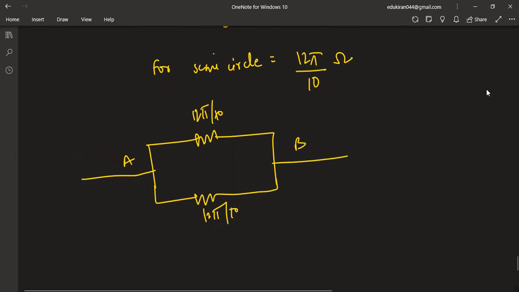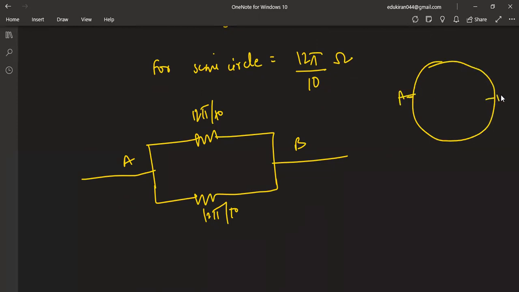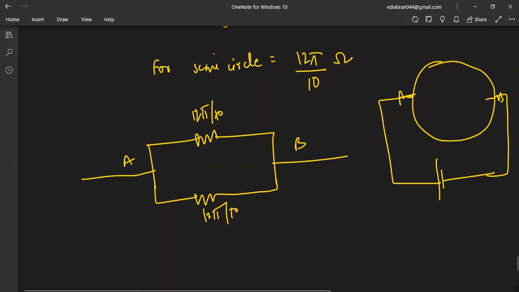Whenever it says 2 points are given, the way in this question also 2 points were given, A and B, just connect a battery to the points like this. Then it will become clear to you. Now instead of making it round, I can make it in this standard form. Now we know how to solve parallel circuits. Now you can easily solve this.